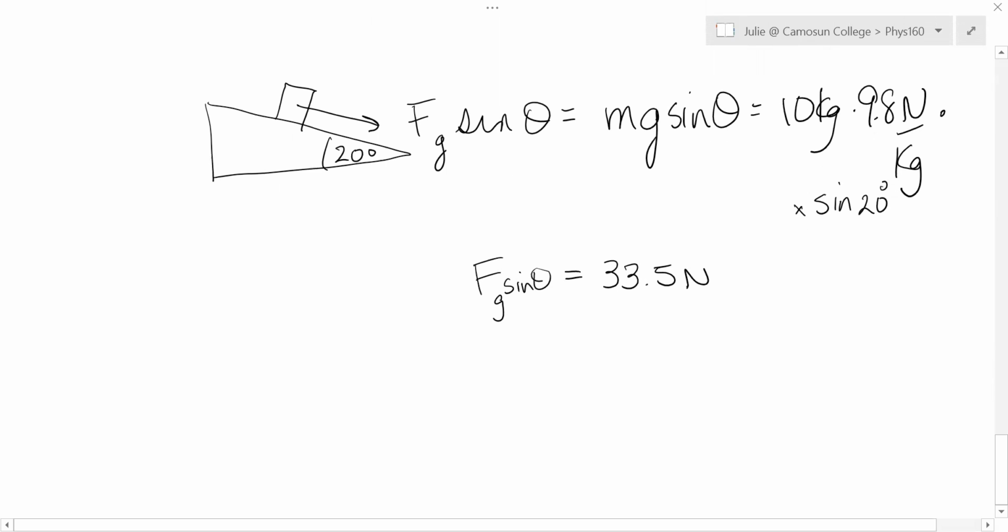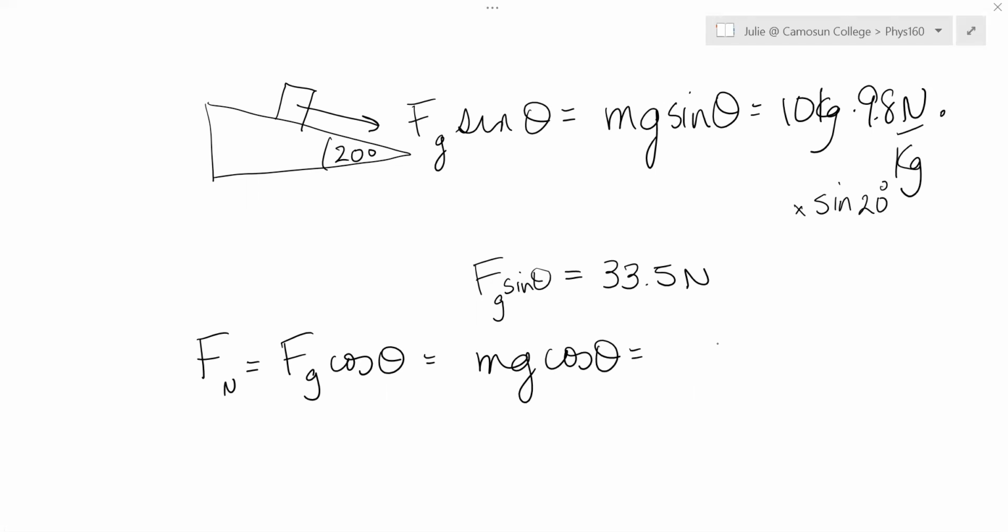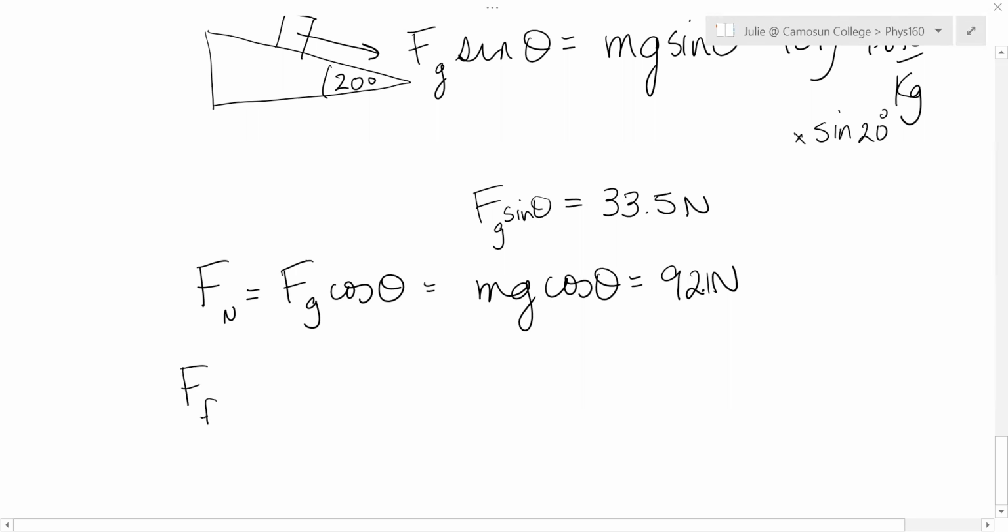Okay, now the normal force, Fn, is Fg cos theta. And so this would be mg cos theta. So that would equal 10 kilograms times 9.8 newtons per kilogram times cos 20, and I get that to be 92.1 newtons.